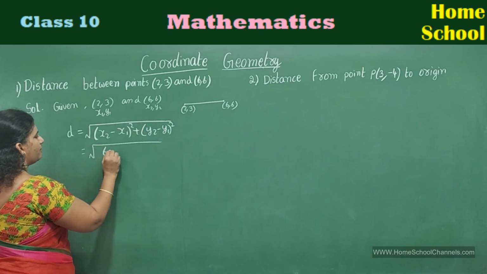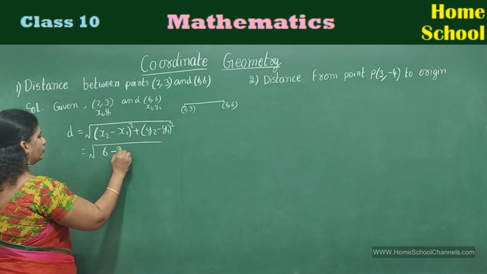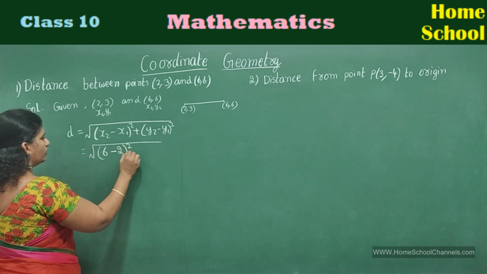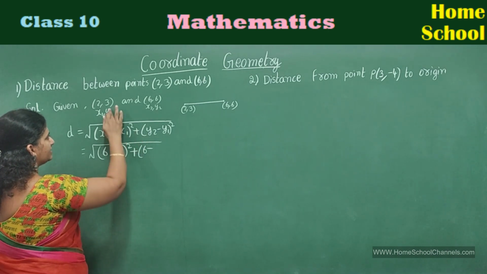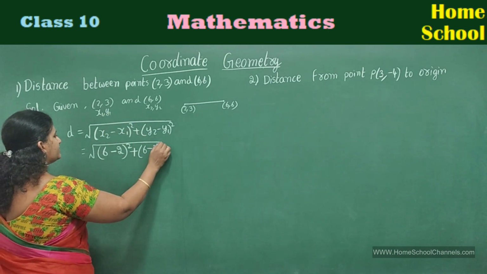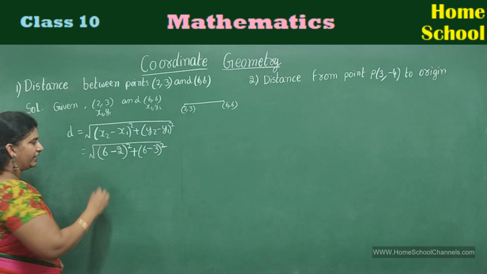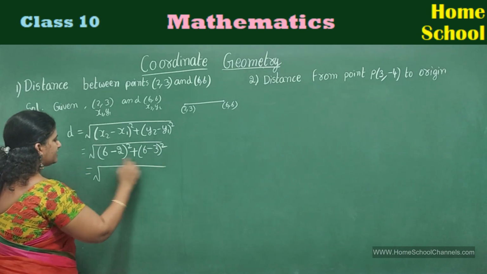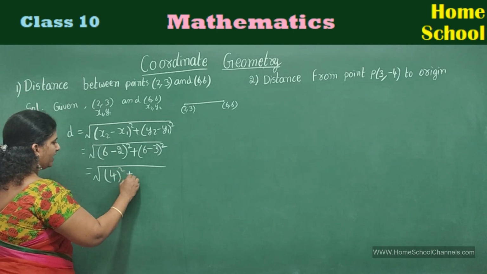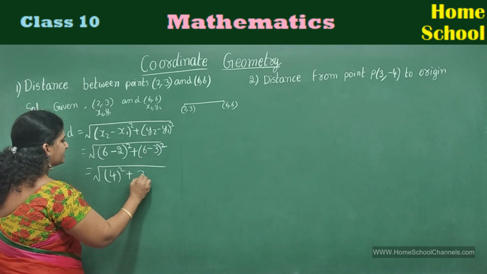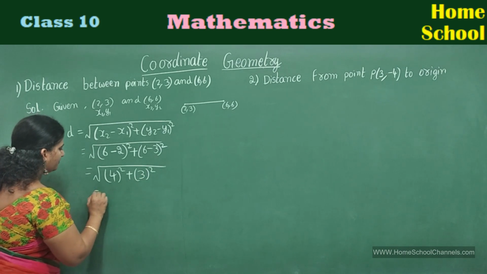x2 is 6 minus x1 is 2, (6 minus 2) whole square, plus y2 is 6 minus y1 is 3, (6 minus 3) whole square. 6 minus 2 is 4, 4 whole square, plus 6 minus 3 is 3, 3 whole square.